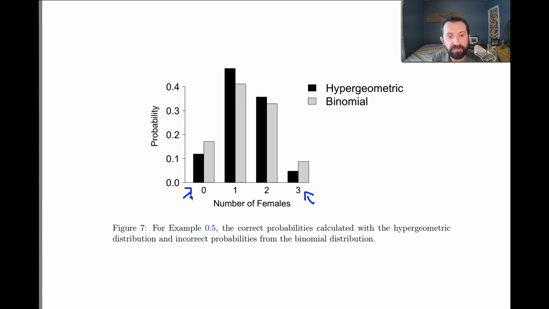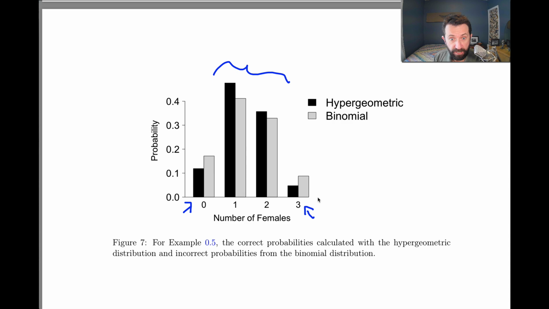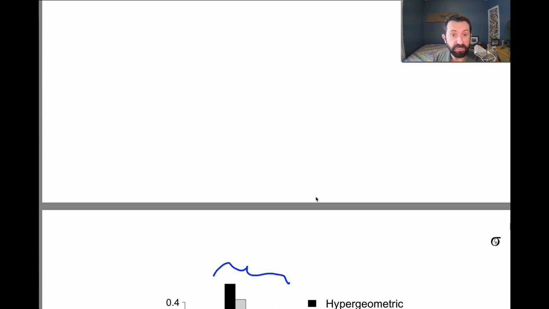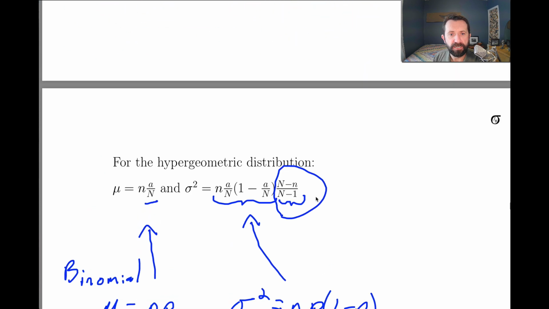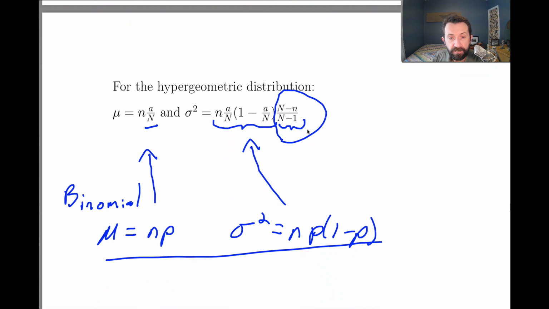So what's happening in the hypergeometric is it's harder to get these extremes, but the probabilities, of course, have to add to 1. So conversely, it's easier under the hypergeometric to get these middling values. We tend to have a higher probability of these, and a lower probability in the extremes. That can be quite a big difference. If we scroll back up to our variance scenario, that's what's happening.